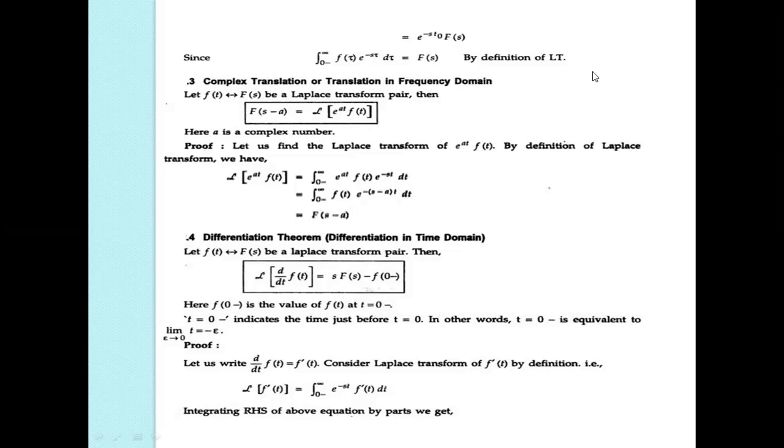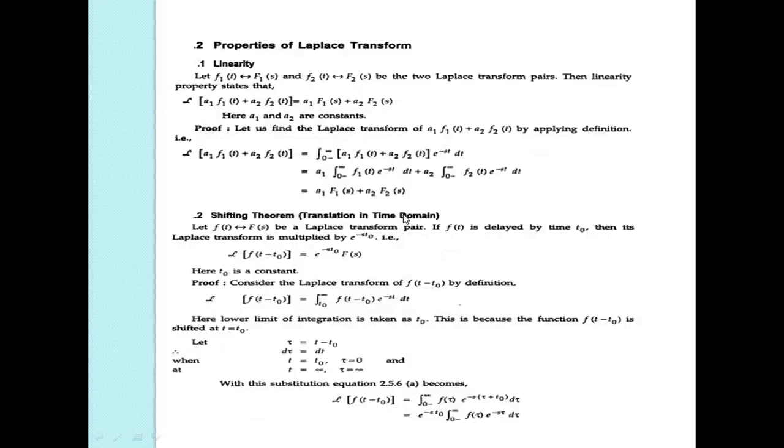What we got in the time domain is the time shift property, saying that for t minus t naught, the sample is shifted in the time domain, and the frequency domain is multiplied with a negative exponential, e power minus s into t naught. But now there is a change in s here.